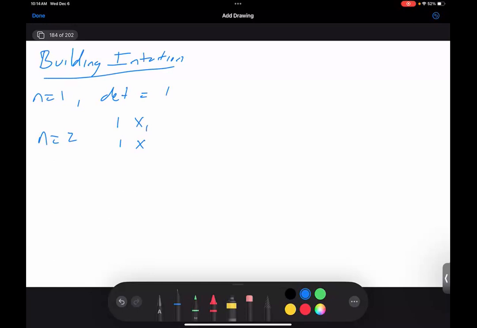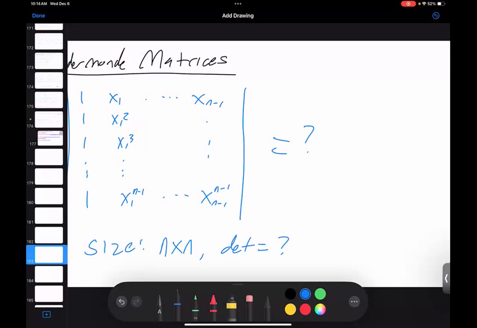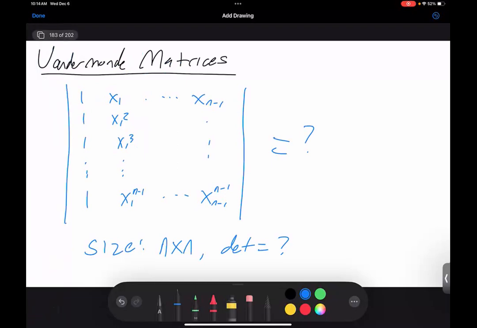We were supposed to go up to n minus 1, right? Does it start off as x1 or does it start off as x1 to the 0? I did mine with ones across the top column. I have ones across the top row as well, okay.